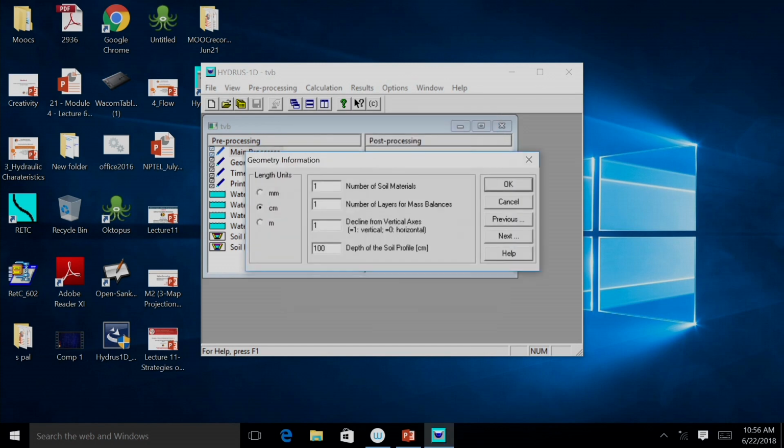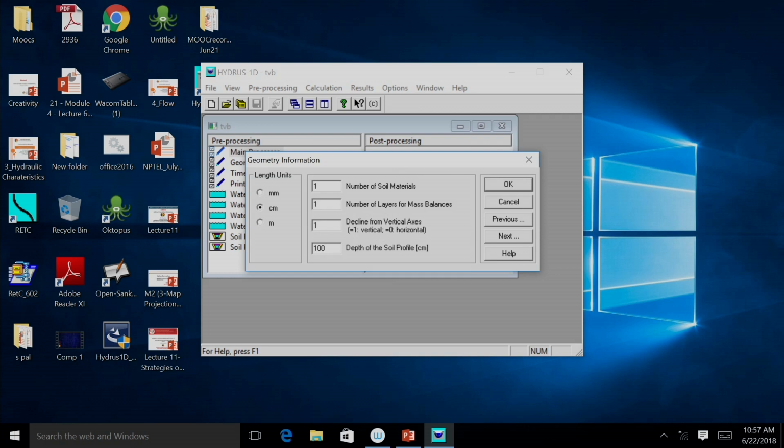Then you select next. Length units can be selected as centimeters, meters or millimeters, along with the number of soil materials, so it can handle a layering system or non-homogeneity. You can select the number of layers, and for each layer you can give a different soil material.